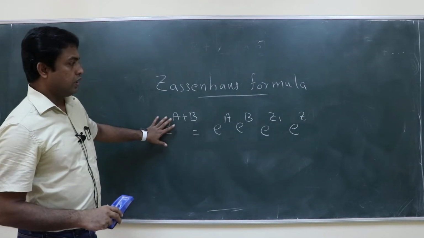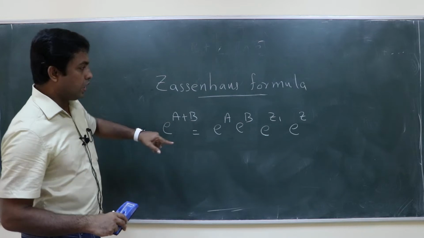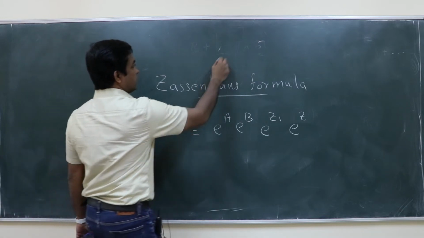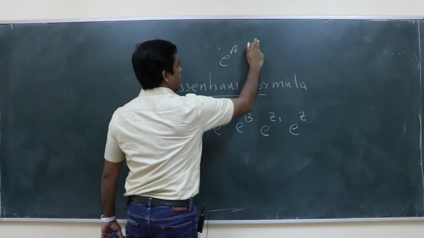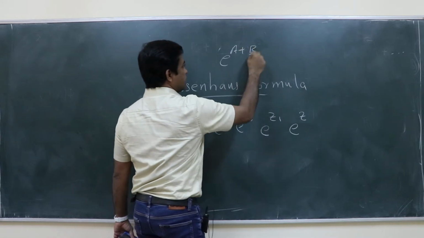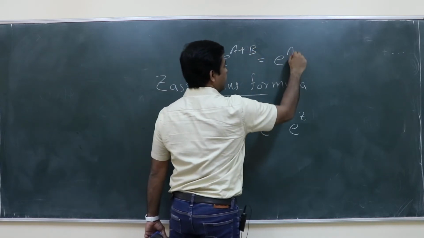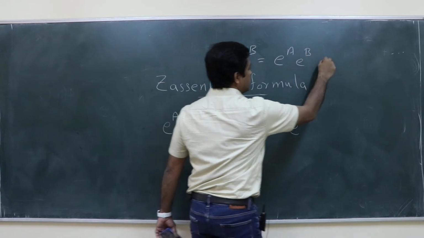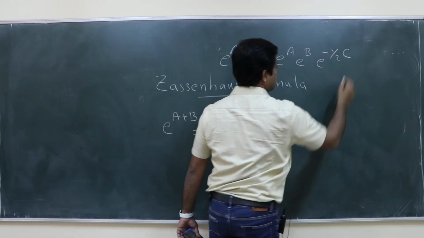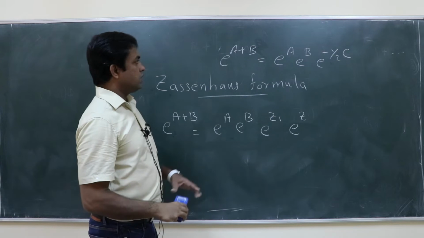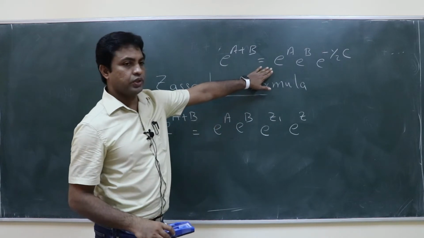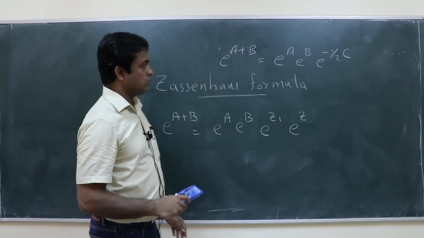Because the earlier one, whatever we have written, e power A plus B is equal to e power A into e power B into e power minus 1 by 2 C, this one you can actually try to prove.